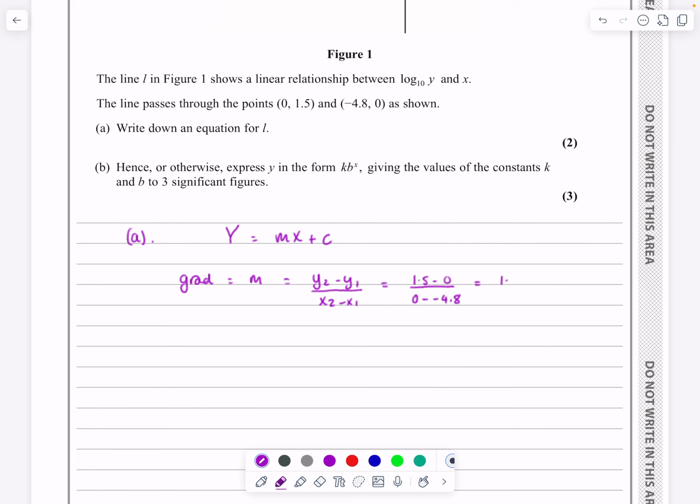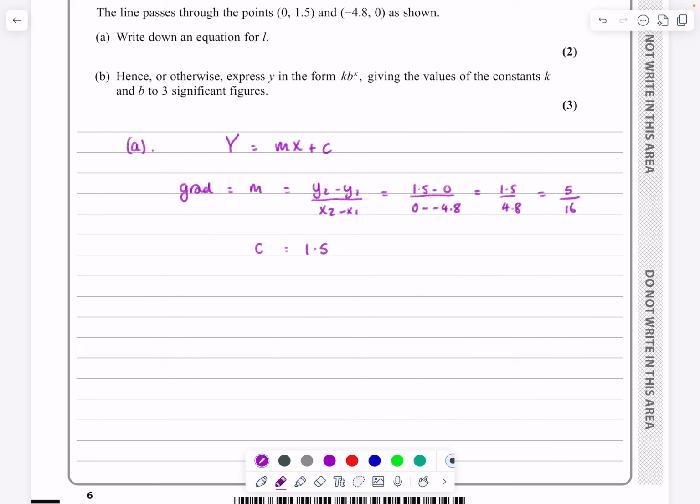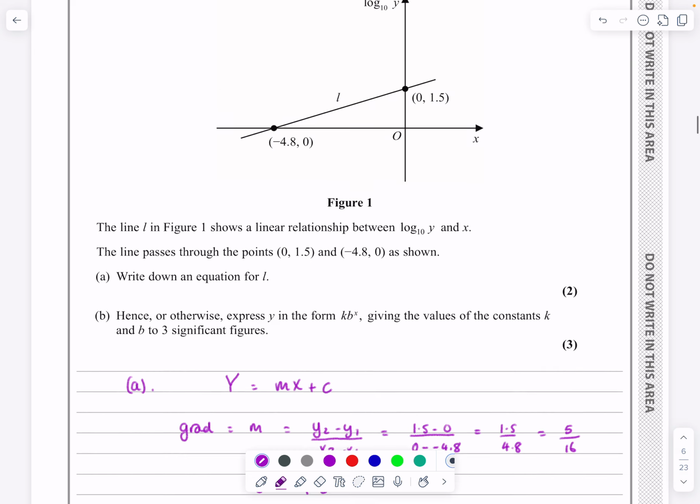That's 1.5 over 4.8, and that works out to be, I'm going to leave as a fraction, 5 over 16. Now we know c already is given by 1.5. So if I was writing these, then y equals mx plus c is going to be log 10y is equal to mx, which is 5 over 16x, plus my 1.5.